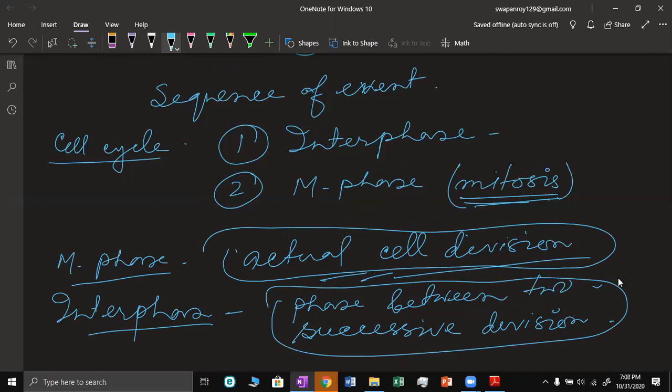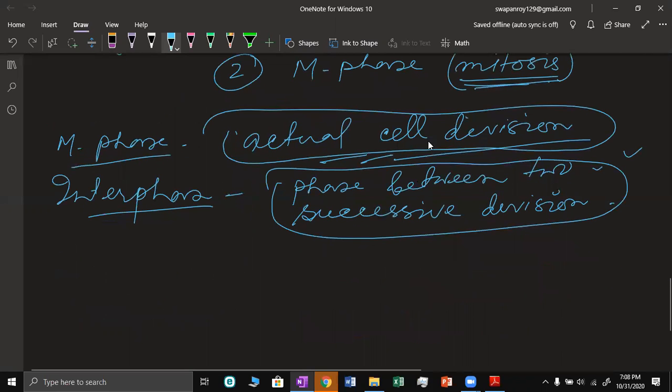Then within the M phase and within the interphase also, there are subphases.